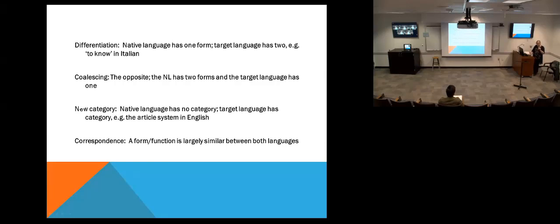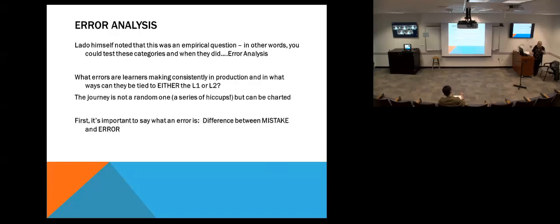Does that make sense? So when you start thinking about all the different ways in which language X can vary from language Y, you see why contrastive analysis just in its simplistic form doesn't work, right? Because it's too complicated.